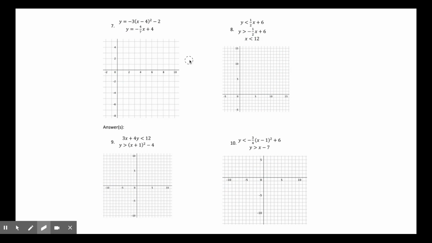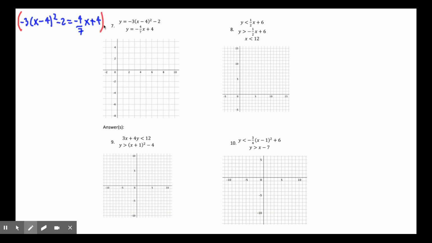Okay, so this one's another system of equations. And again, they're both equal to y, so you should set them equal to each other. Okay, and then I probably want to get rid of this fraction.